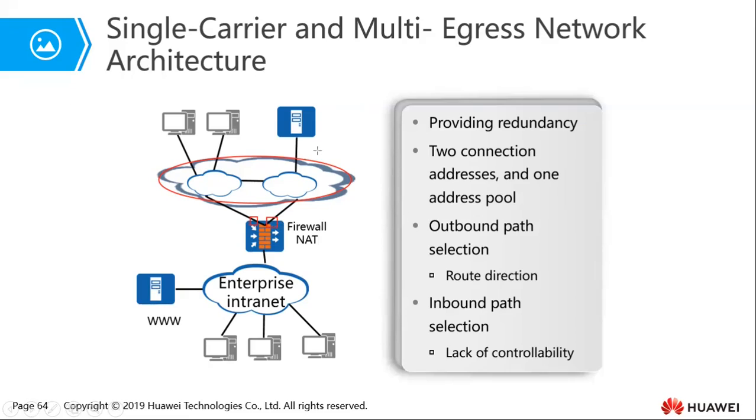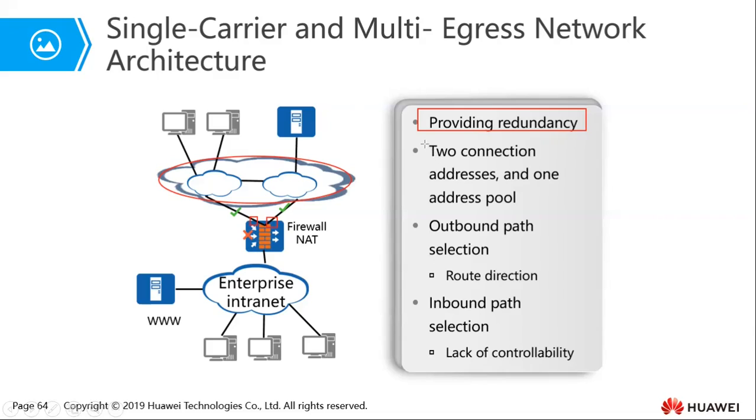This improves the earlier design, which we just looked at, because we have redundancy. If this link goes down, then this one is still working. So at least we have link redundancy, but still we don't have device redundancy. If our firewall here goes down, then we don't have internet connection. So that's the main advantage of this, that we at least have link redundancy.